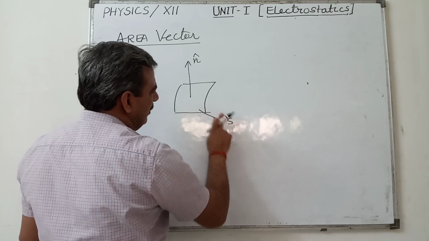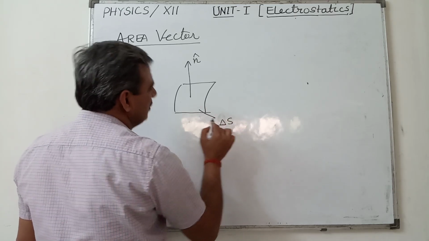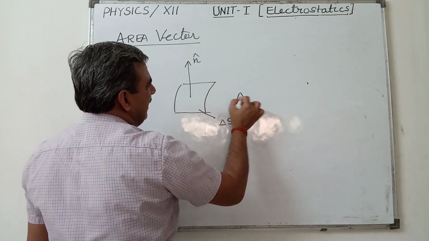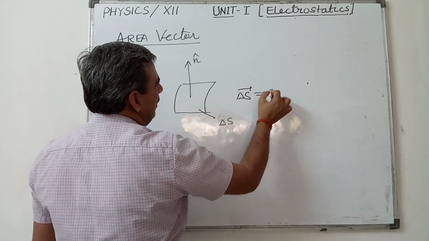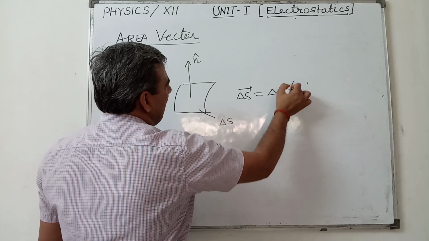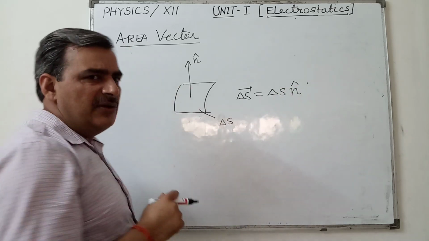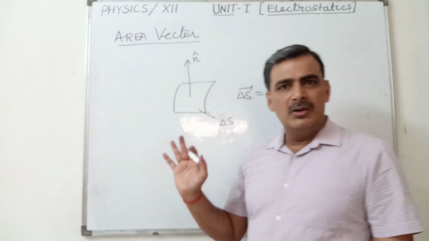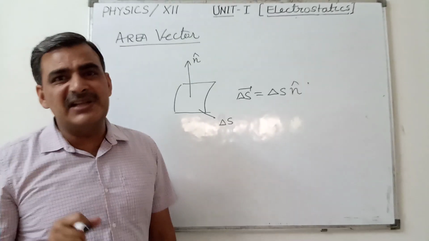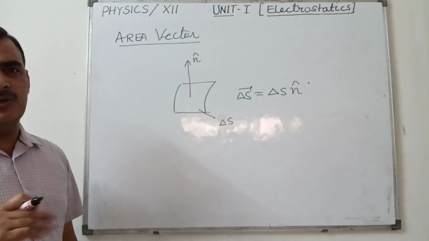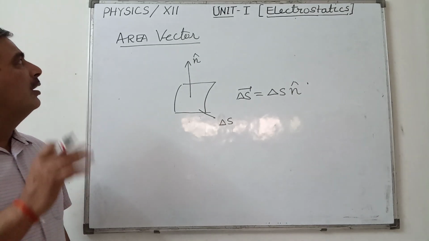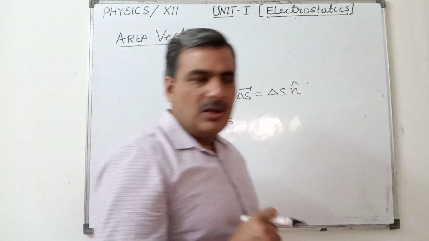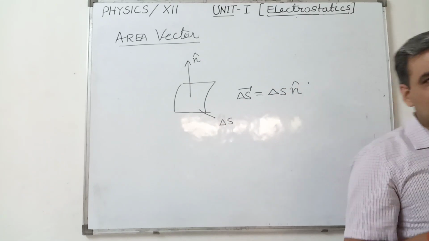So the area vector delta s is given by delta s times unit vector n. So how can we define area vector? It is the outward drawn normal to any surface. Note this thing. We have to use this area vector while defining the electric flux.